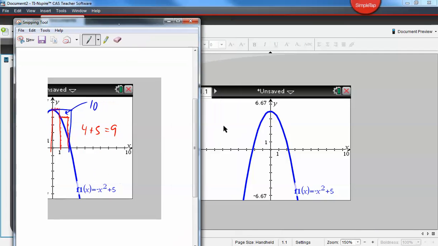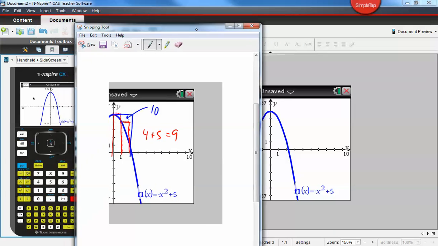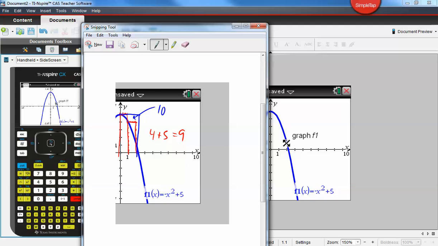So which one do you think is closer to the actual area? The one where I made two rectangles is probably a little closer. Why? Because there's less wasted area. So by making one rectangle, I could get an estimate. By making two rectangles, I can get a better estimate.